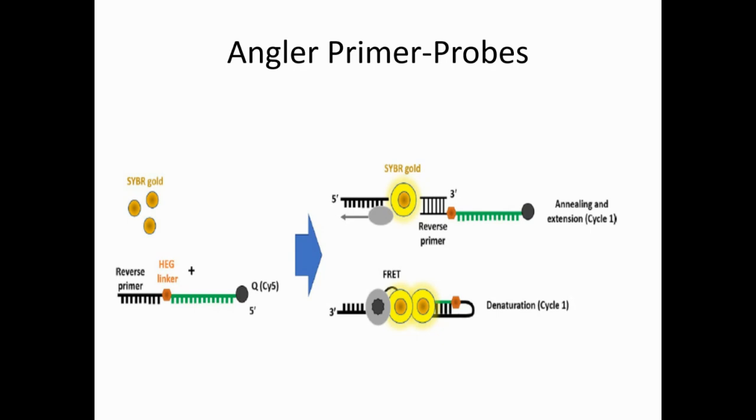When the angular primer probe binds to the target DNA during the annealing step, the DNA polymerase starts the extension of the 3' end reverse primer, and then during the denaturation phase, the specific sequence of the probe binds to the complementary region of newly amplified DNA, producing a double-stranded DNA fragment, and therefore the SYBR Gold dye can intercalate to generate fluorescence. The emitted fluorescence can then be measured during the denaturation step in each cycle. That's the angular primer probe.